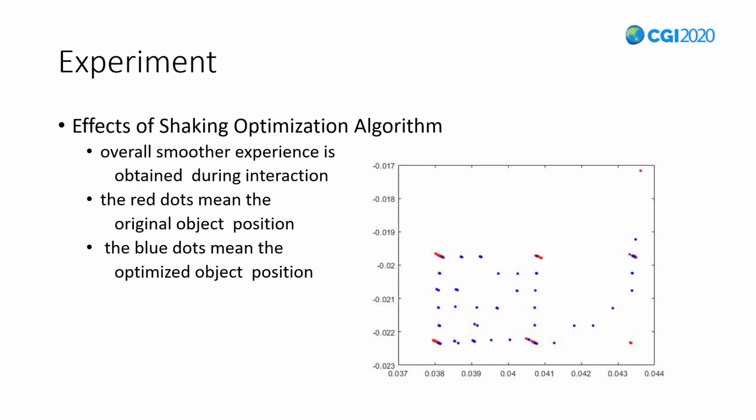Moving on to data visualization, as explained by the figure, the red dot means the original object position, and the blue dot means the optimized position. To obtain these results, we use the left hand and keep it still during analysis.